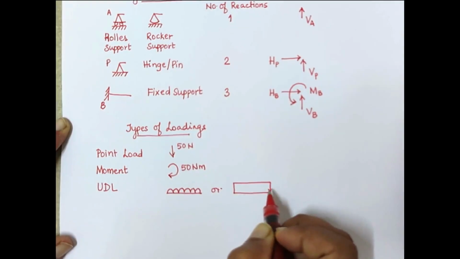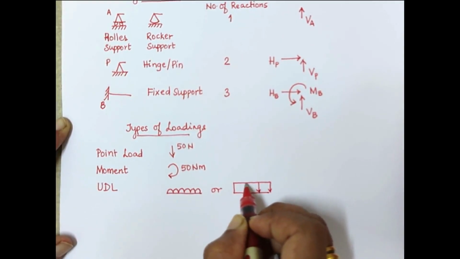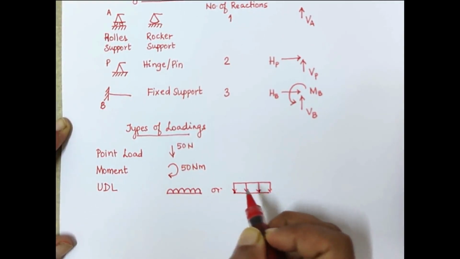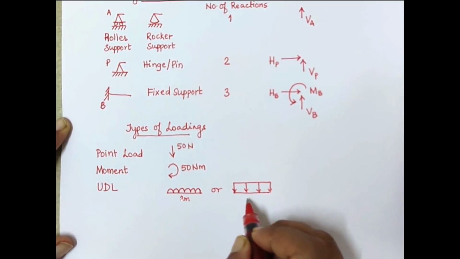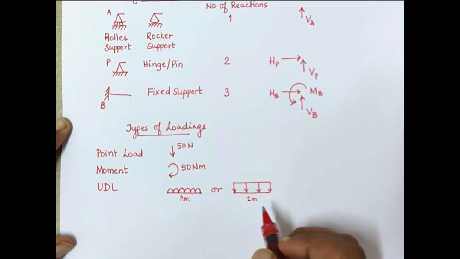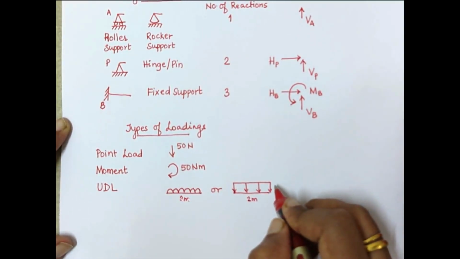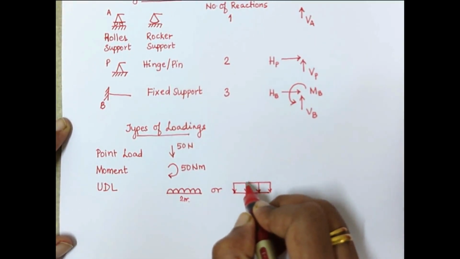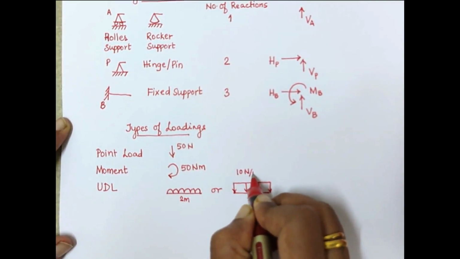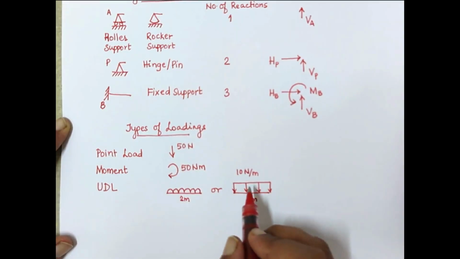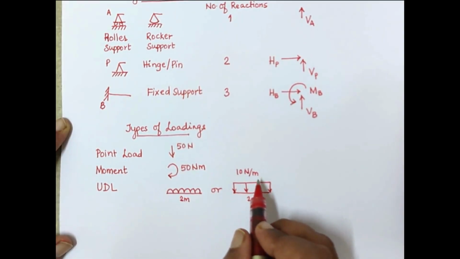They both symbolize the same concept. Now, let's say that the loading is spread over 2 meters, and the intensity of this loading is 10 Newton per meter.